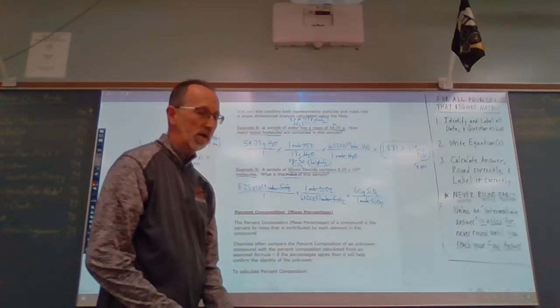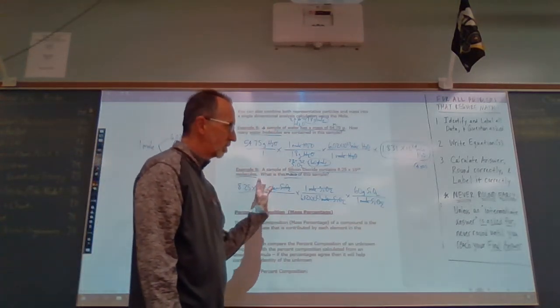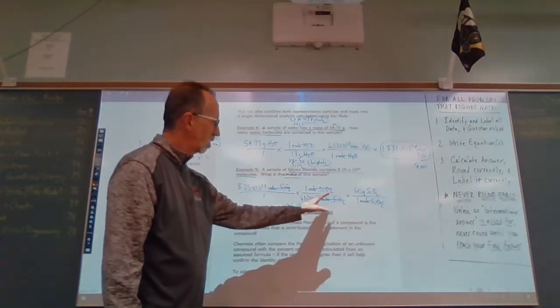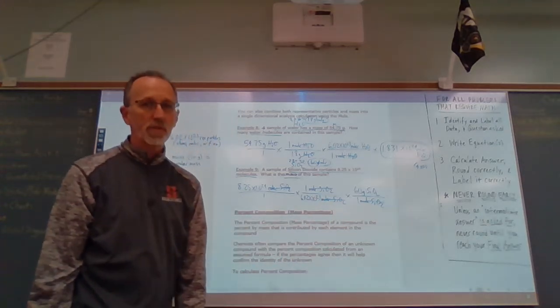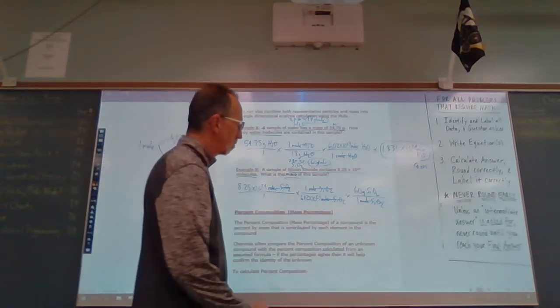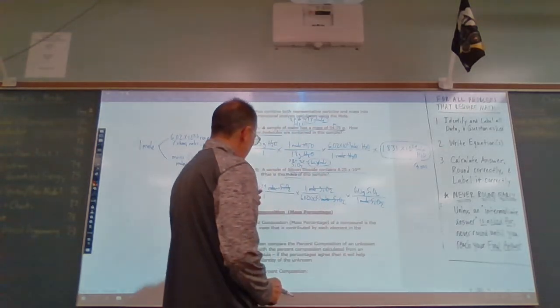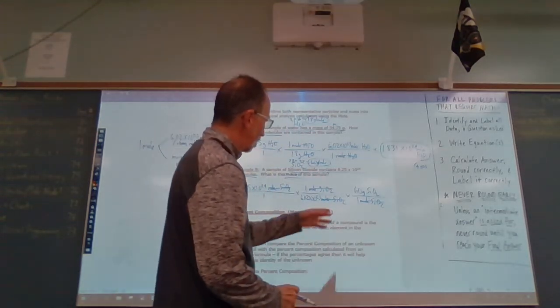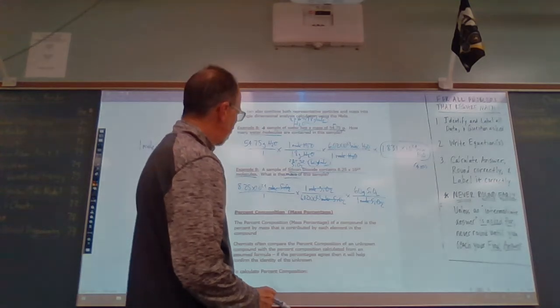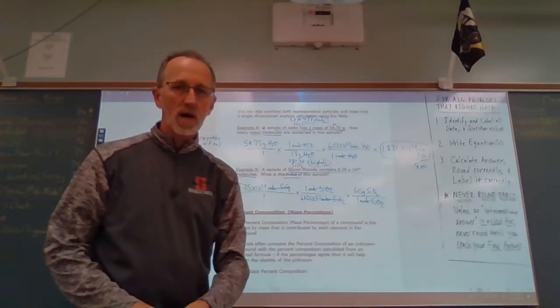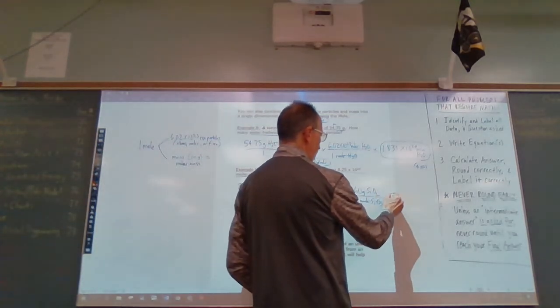So again, we're converting between number of particles and mass by going through the mole, because they both run through the mole. So we'll take 8.25 times 10 to the 24th times 60 divided by Avogadro's number. Original quantity, 3 sig figs.